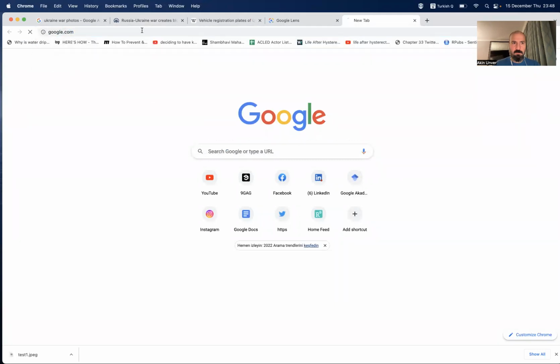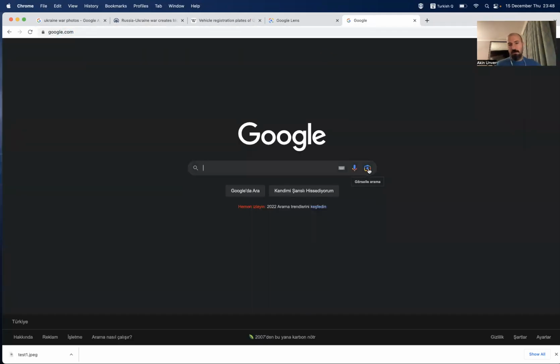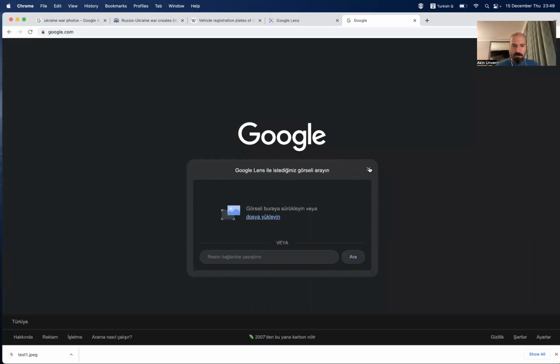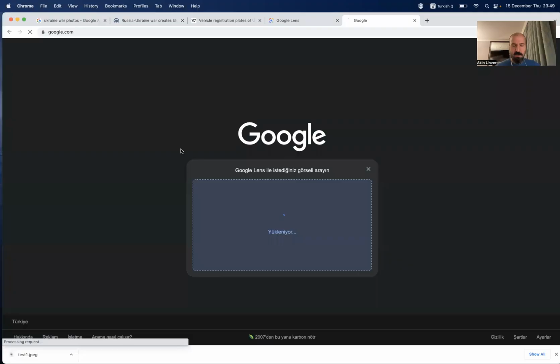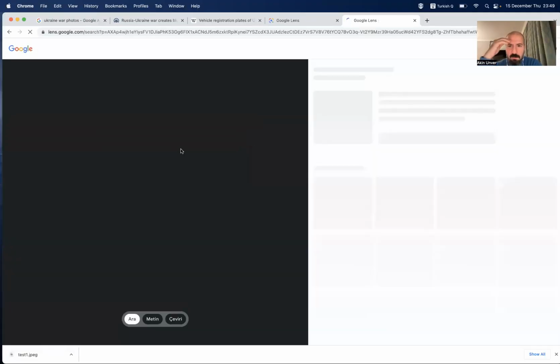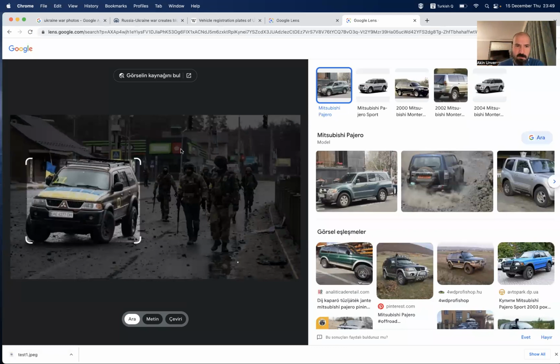Here's google.com. You see this photo icon here. It says görsel arama, or search by image. When you click on search by image, it is going to use whichever image you supply. My test one is here. So I'm uploading this here. And again, it's giving me a whole bunch of stuff.